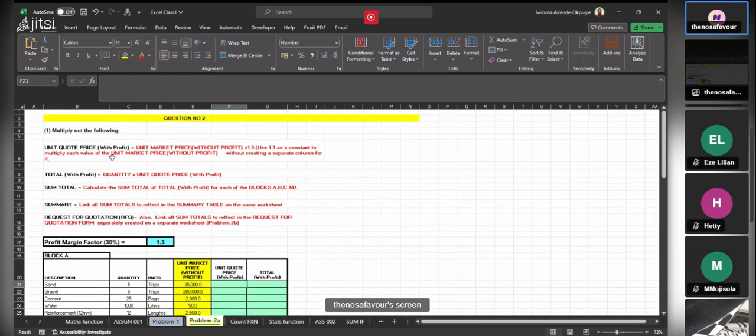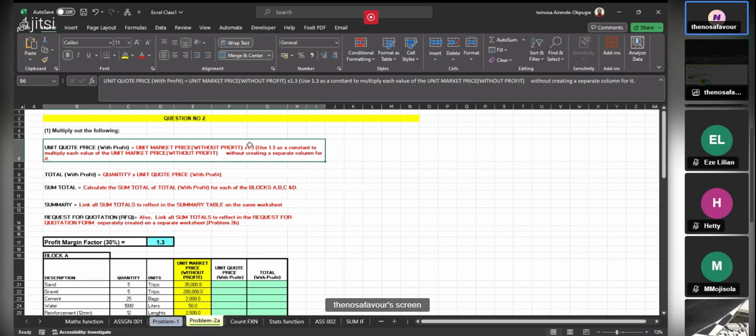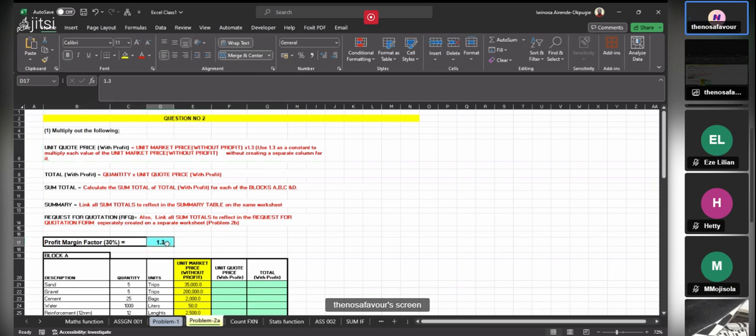Now, it says unit price should be what? Unit price without profit. You can see it boldly written here, times 1.3. And we have our 1.3 already here as a constant. So we say equals to this first figure, times this figure.